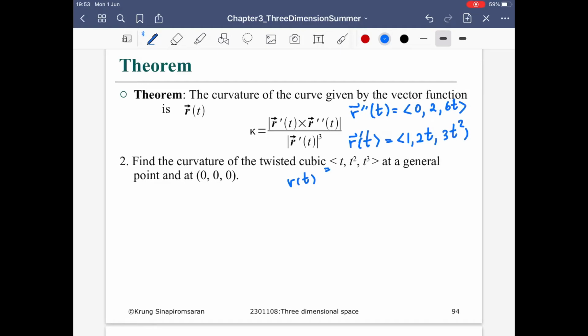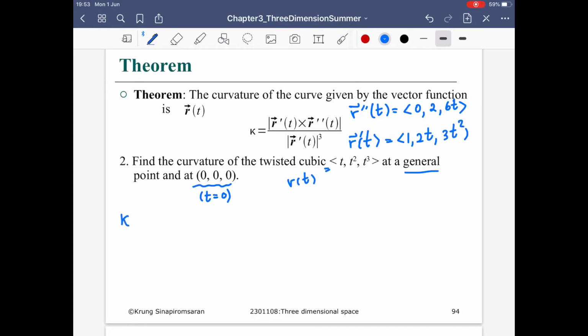Okay, but what you need to find is two kappas. One kappa, one curvature, is the curvature at the general point t, and another is at the point 0, 0, 0. So this one is actually when your t is 0.